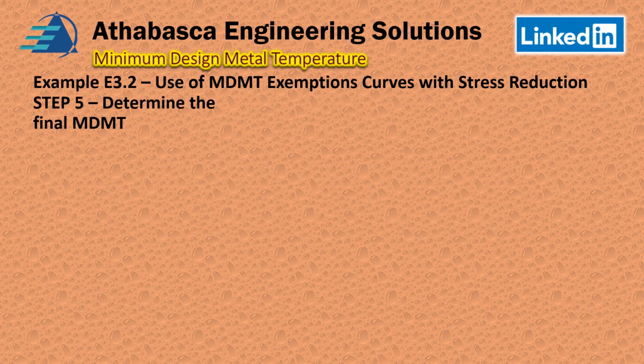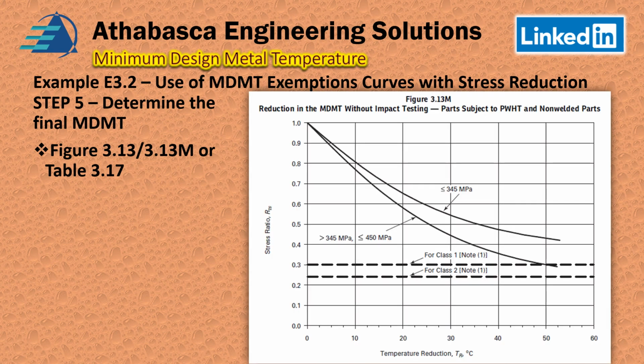So we continue on to determine the final MDMT. We go to Figure 3.13, or the metric version 3.13M, or Table 3.17, and I think there's a Table 3.17M as well. In this case, we're looking at parts that are subject to post-weld heat treatment.